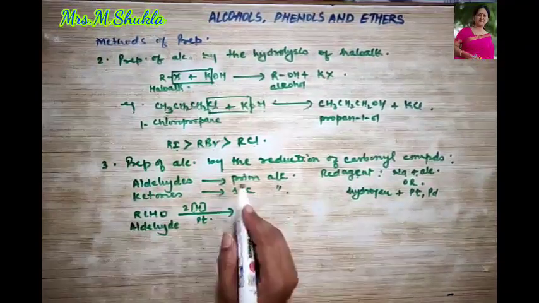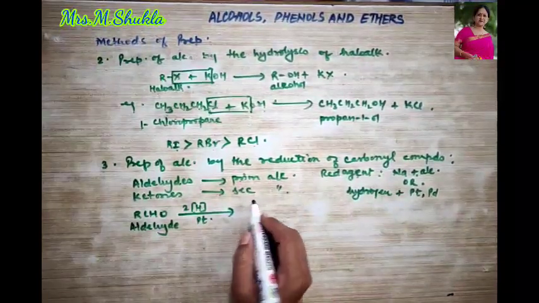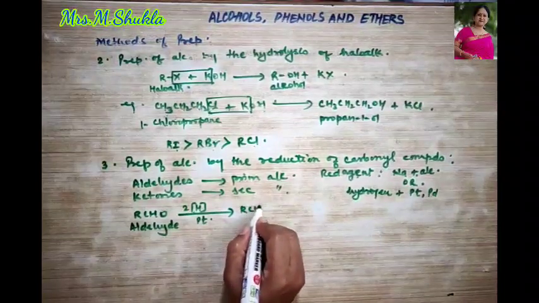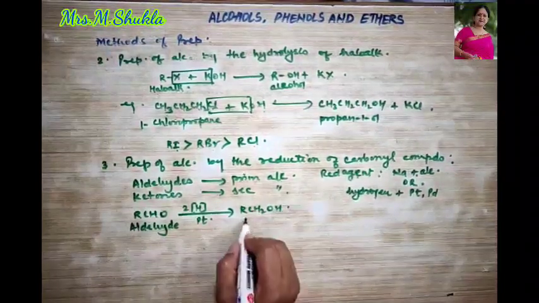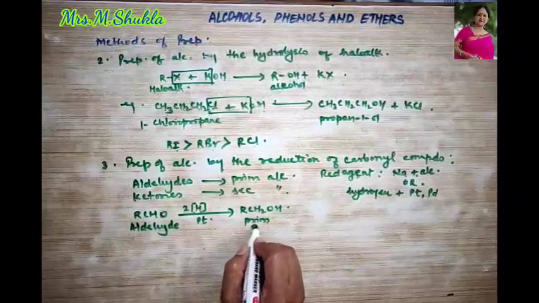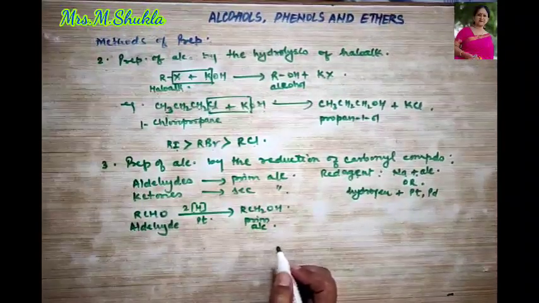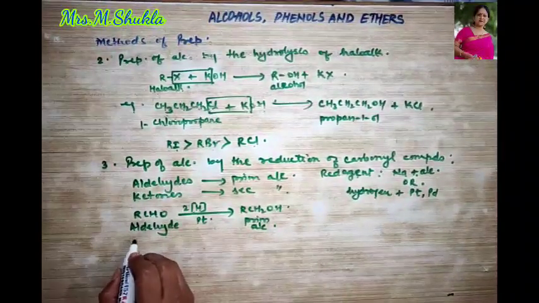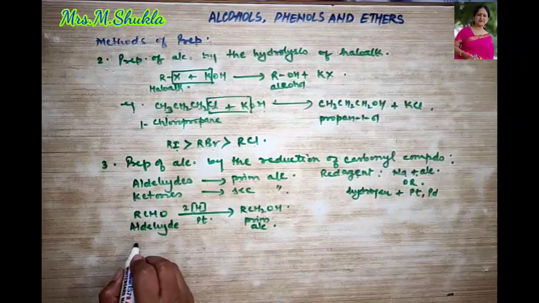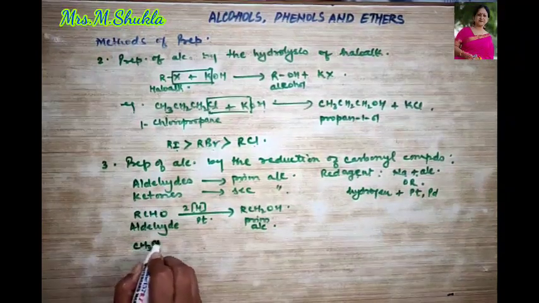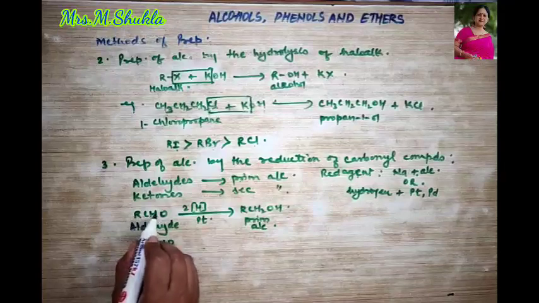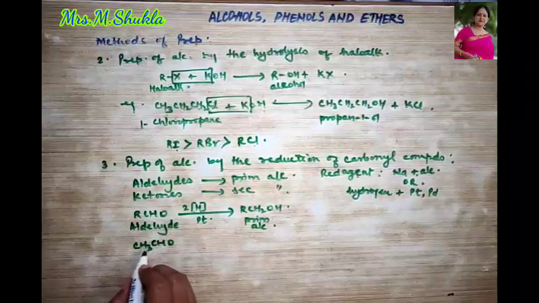So what did I say? We are going to get primary alcohol, that is RCH2OH. This is your primary alcohol. Okay, so let's take an example over here, like ethanal, CH3CHO. What is this?